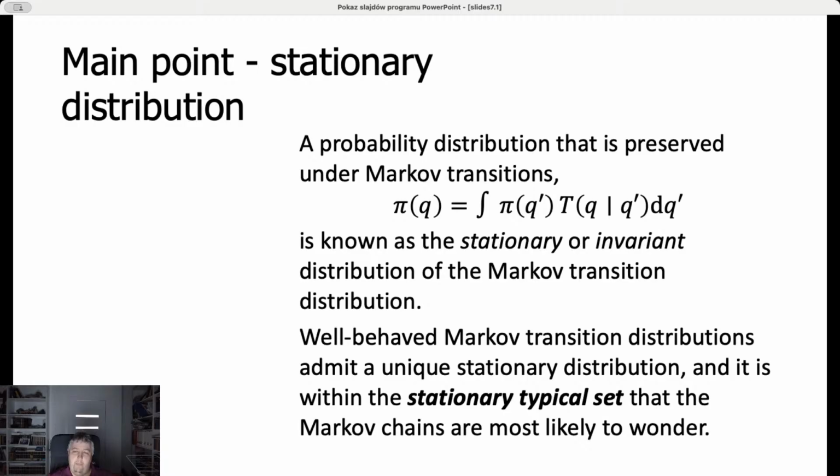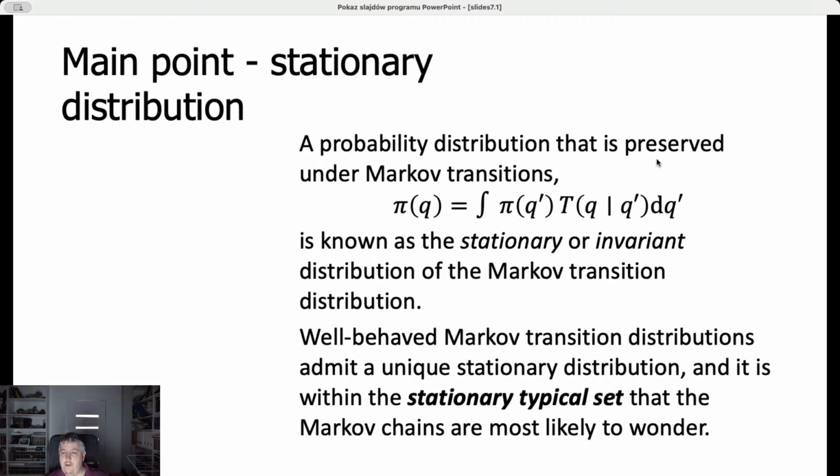Now a bit of complication. Generally, we are interested in Markov chains that have something called a stationary distribution. The idea is that the stationary, otherwise invariant, distribution of the Markov chain is that distribution that is preserved under the transition probability distribution.